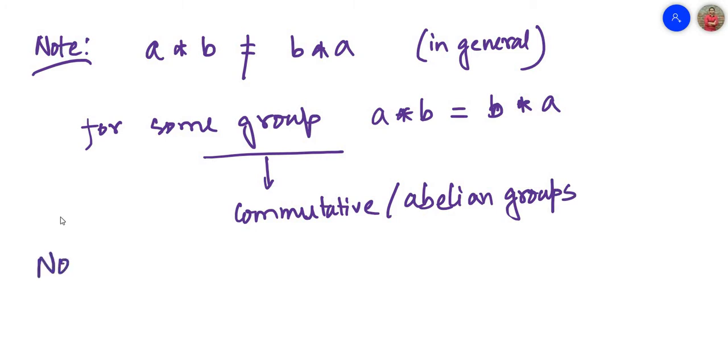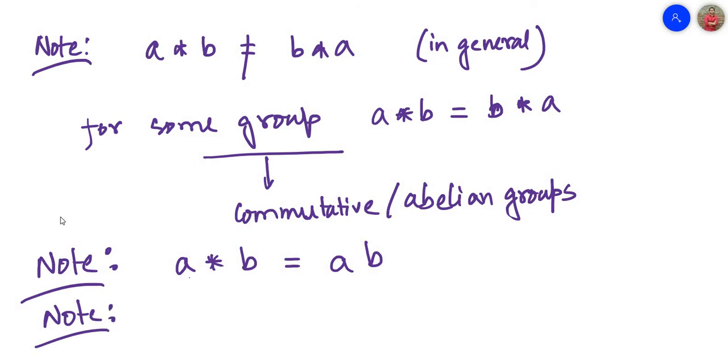And the second trivia is that for a lot of cases, we will not write the star explicitly. From now on, this star will be omitted, and we'll presume there is a binary operation there. By the way, there is another observation, and that is this star does not mean multiplication.